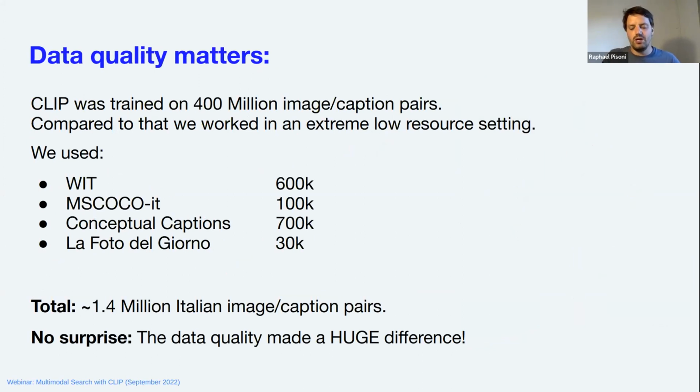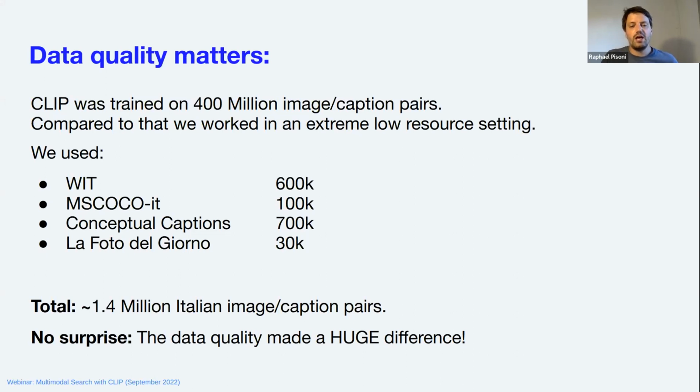But as you know, many articles and many images in Wikipedia just show a person and its name, or some very technical things with some very technical description. And we were afraid that that wouldn't be a very good data set to train an Italian CLIP on.